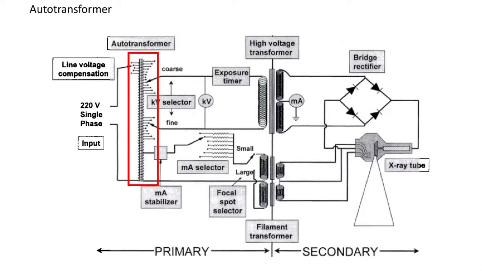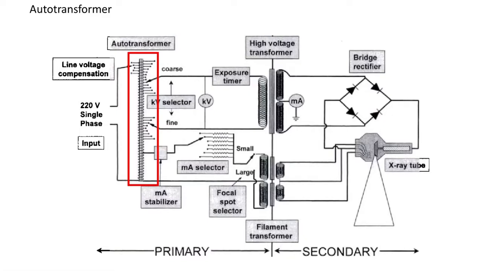The circuit could be completed at any one of these tabs. The tabs we select, we could either include more windings in the total in this autotransformer, or we could exclude some windings. By including more windings or excluding some windings, we therefore affect the voltage.